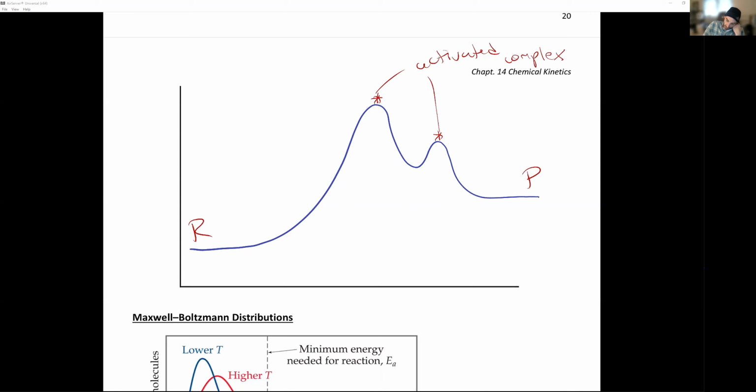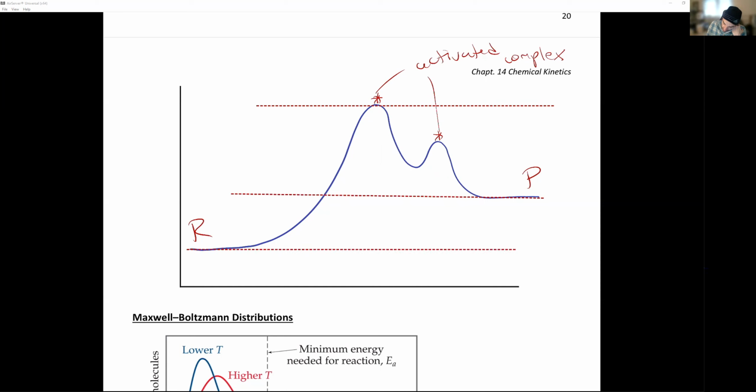So again, we have a bunch of different energies. The one I care about is this one way up here. There we go. Energy of products, energy of reactants.